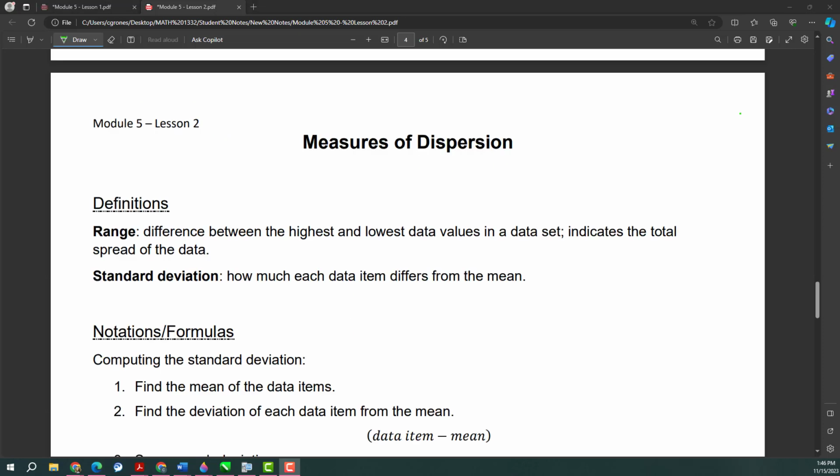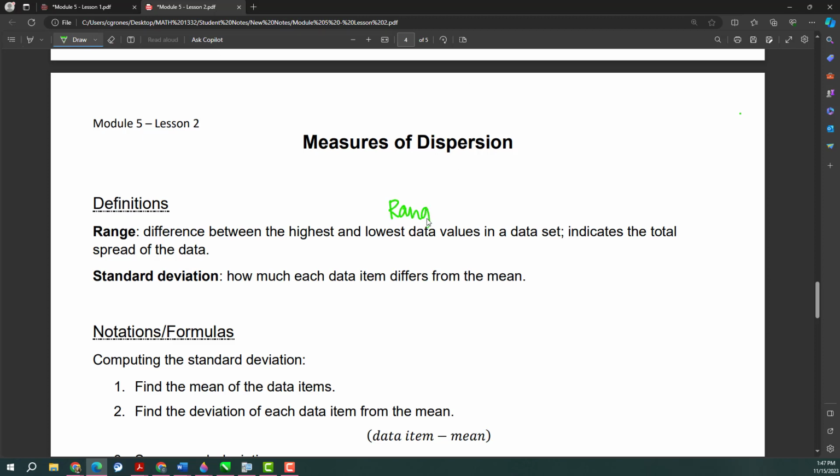Alright, the next part of lesson 2 is the measures of dispersion. So we're going to be calculating the range and standard deviation. So the range is the difference between the highest and lowest data values in a data set, and it indicates the total spread of the data.